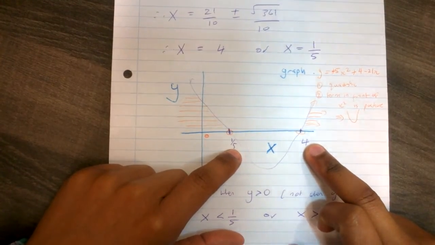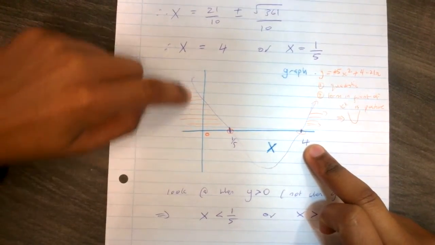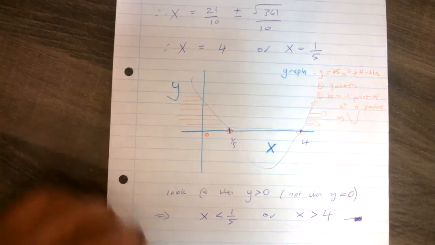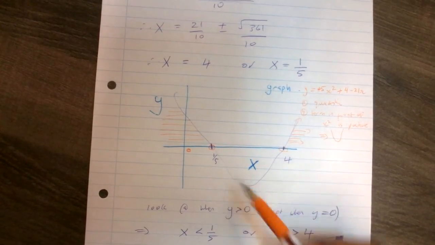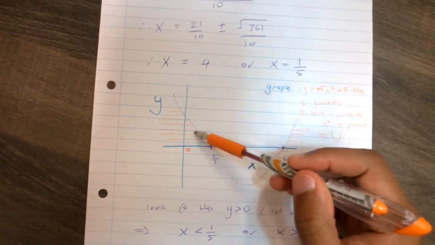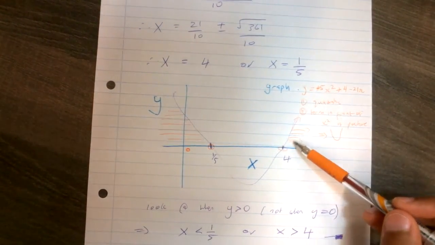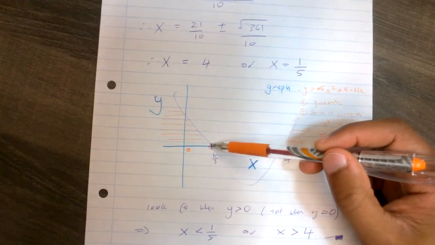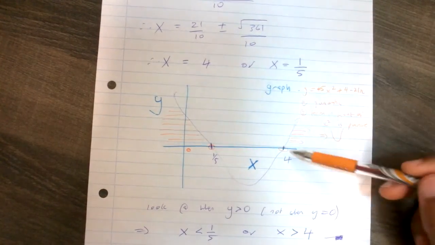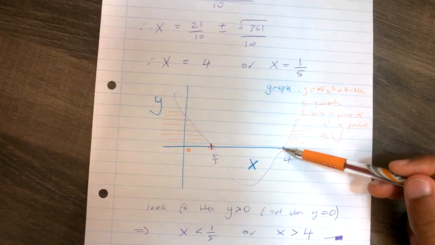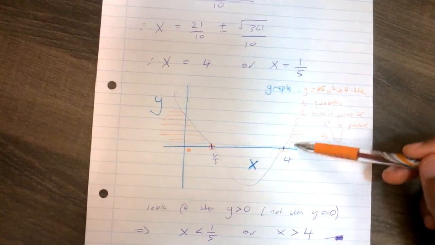You're looking for x such that y is greater than 0. Notice that when y is greater than 0, it's this orange side. At this point, y is greater than 0, and also when x goes this way, y is greater than 0.